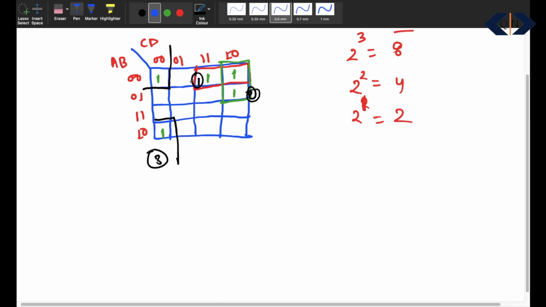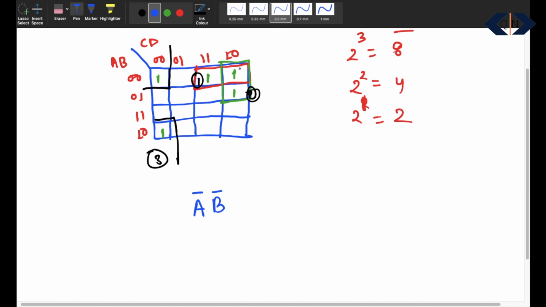AB is constant here, so we will write A, B, but since AB is 00, we have to put A bar B bar.